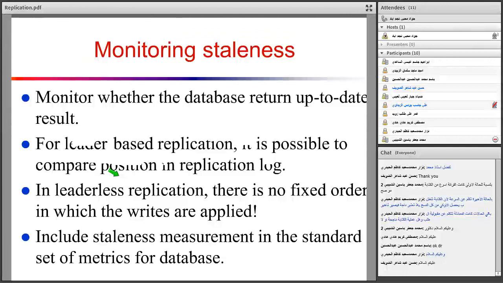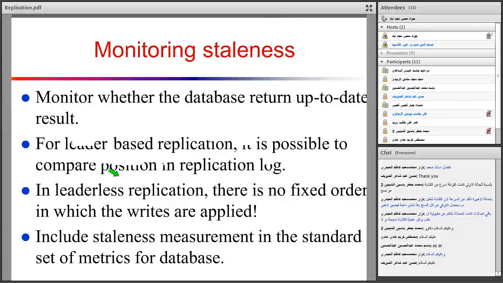This order comes from the position of each request in the replication log. But in leaderless replication, there is no fixed order because we do not have a replication log, and so we cannot find the order of the requests which are sent from different writers.